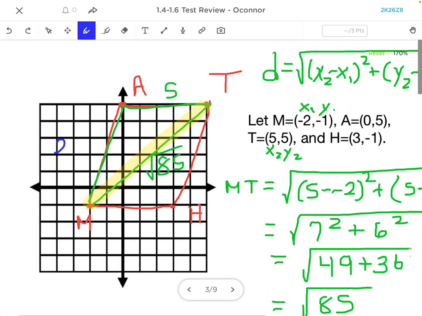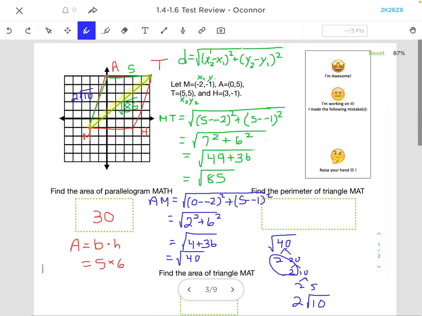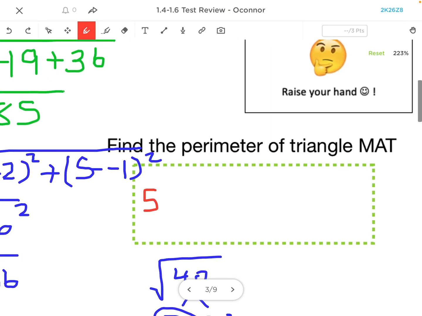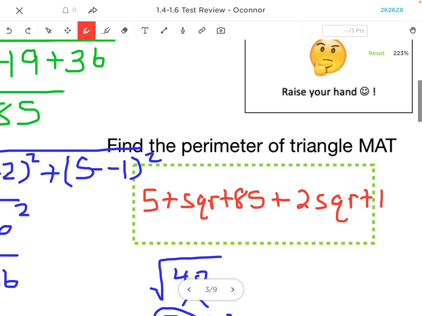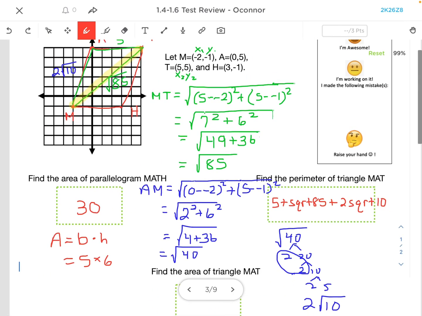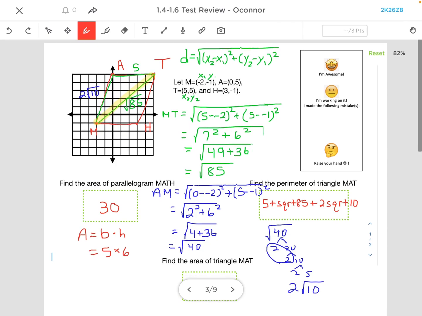So my perimeter for triangle MAT is going to be, I would write 5 plus the square root of 85 plus 2 square root of 10. So I need that formatting so that it is going to fit into my class kick and mark that correctly.